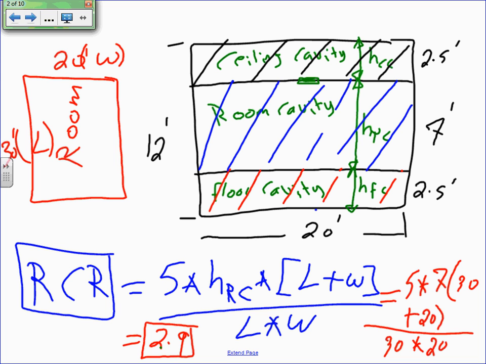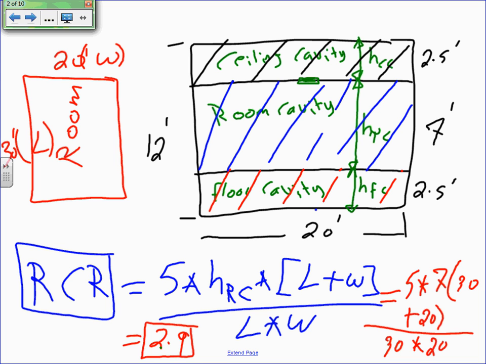So if I ask you, Nick, my friend, HCC equal to 2.5 feet, HRC equal to 7, and HFC equal to 2.5. Why do I care? Because there's a formula. I need to fill that formula down there to find the cavity ratio. So first they define cavities, then they define a term called cavity ratio. You know why they're messing with all this?